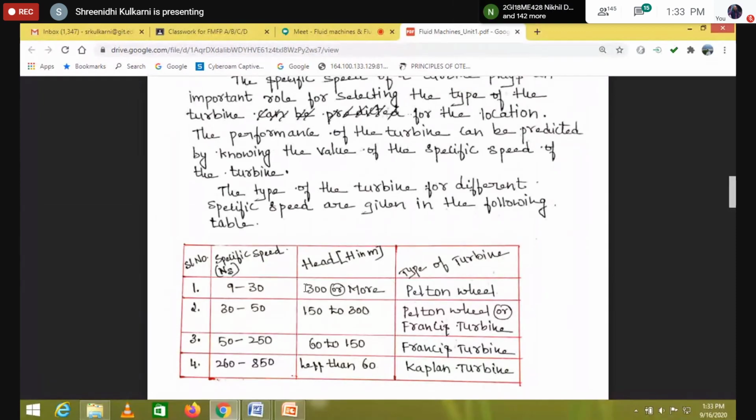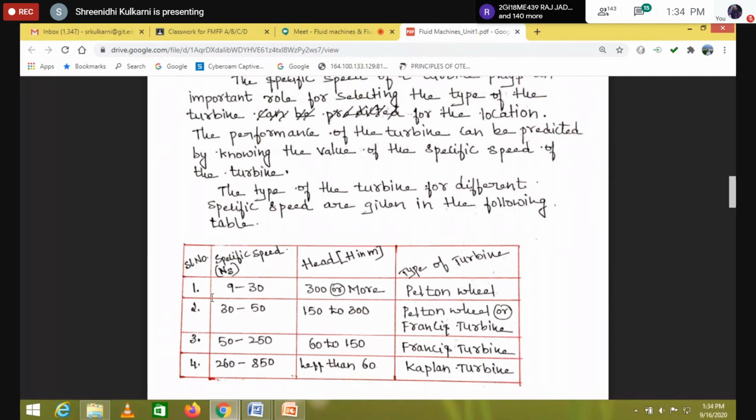There the head is 1000 meters, shown here in meters. So when the head is maximum, the specific speed is very low, because while solving problems, you will have to find the specific speed of a turbine and identify which type of turbine it is. You will get this type of question.